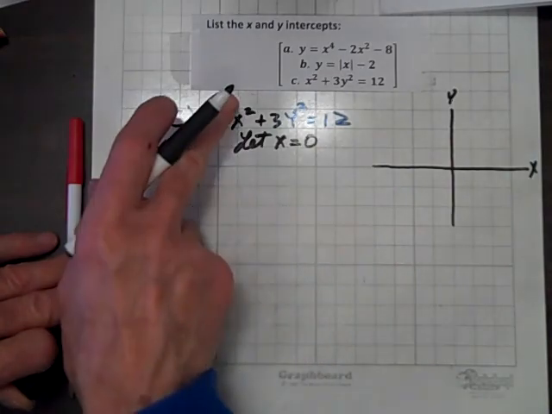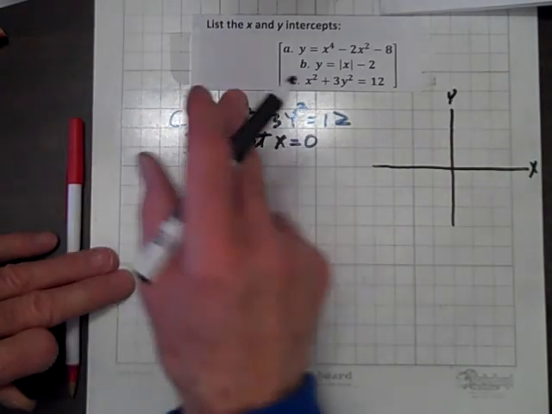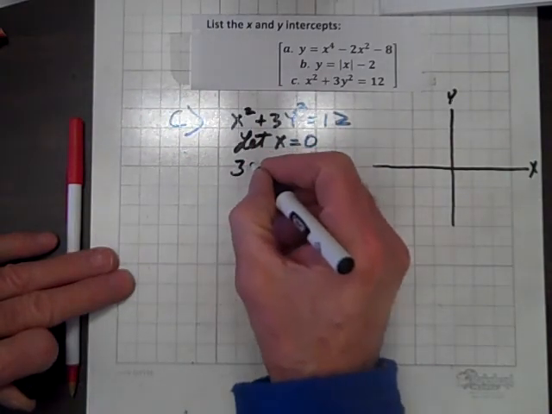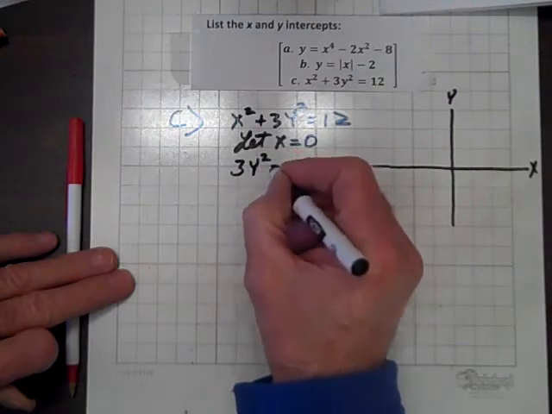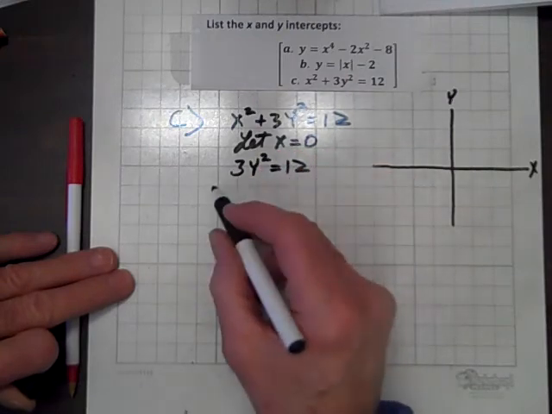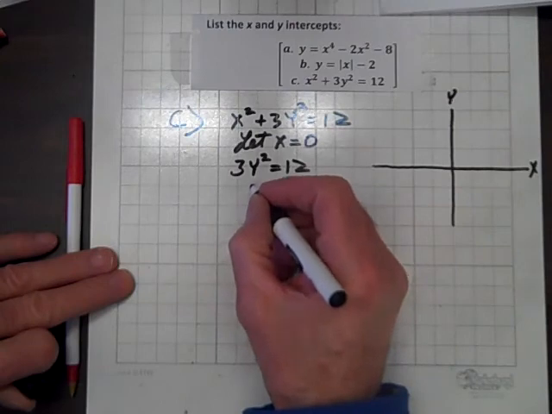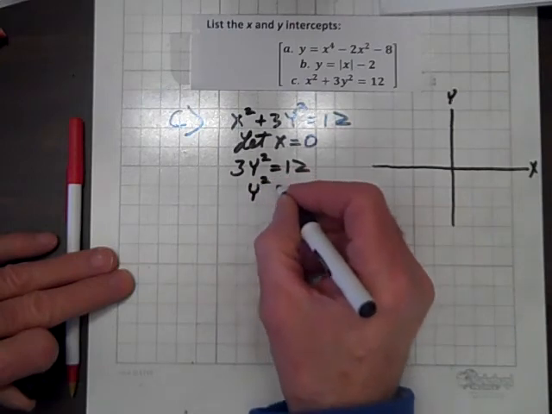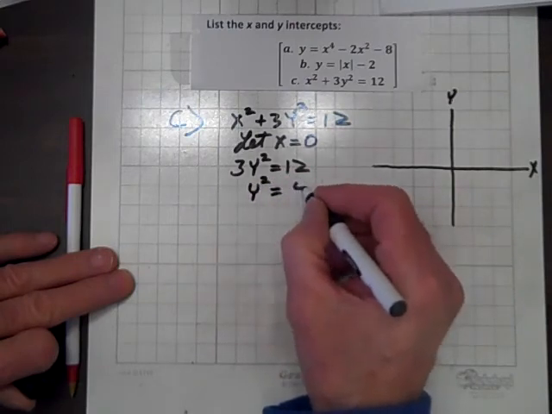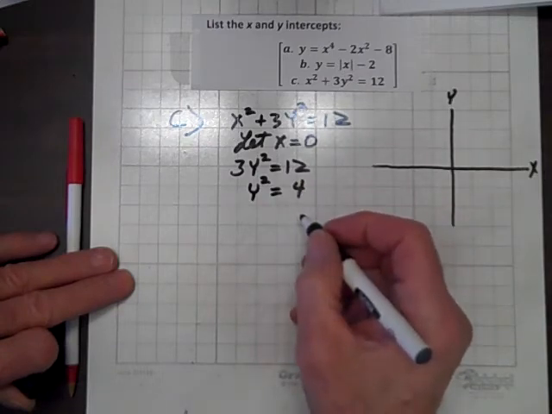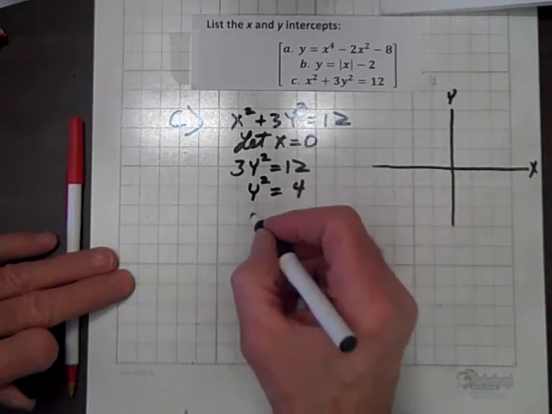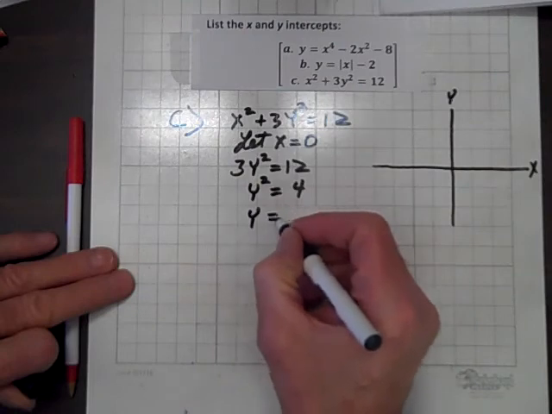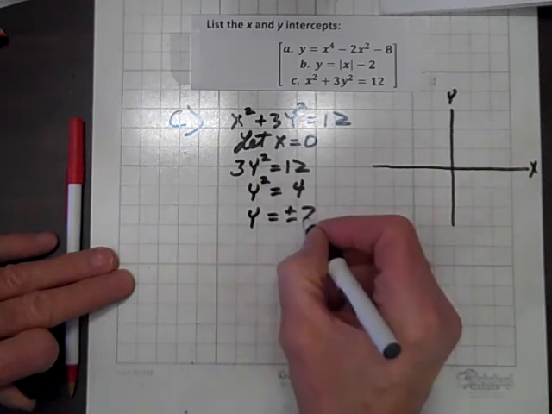If x equals 0, this term disappears and we have 3y squared equals 12. Dividing both sides by 3, we get y squared equals 12 divided by 3 is 4. And now by the square root property, we know that y equals plus or minus 2.